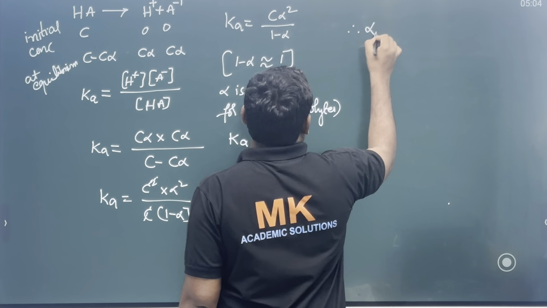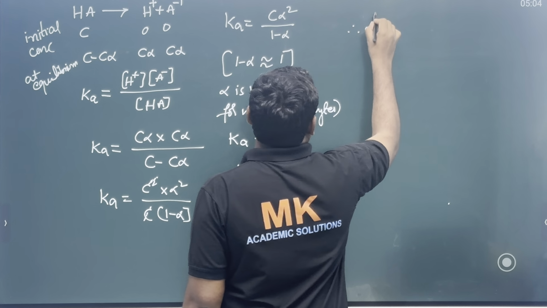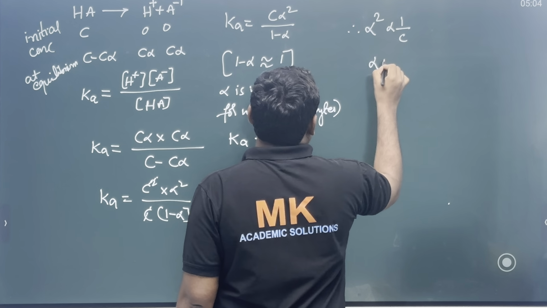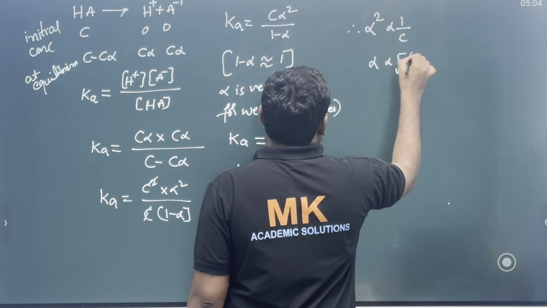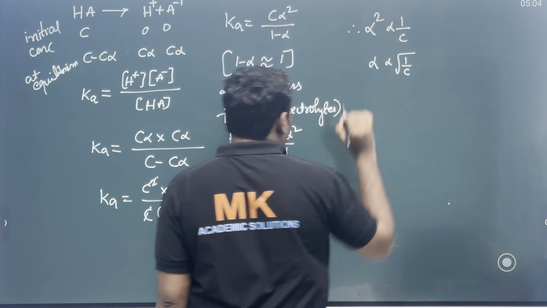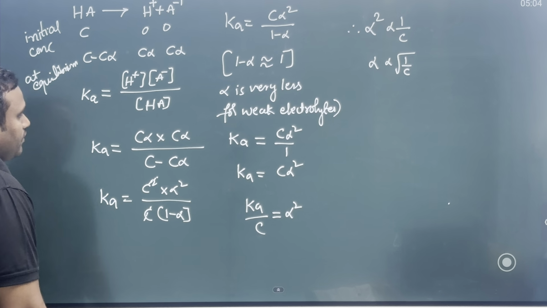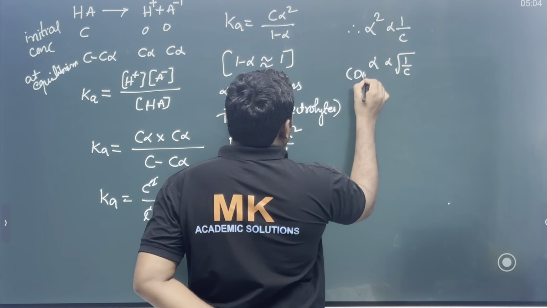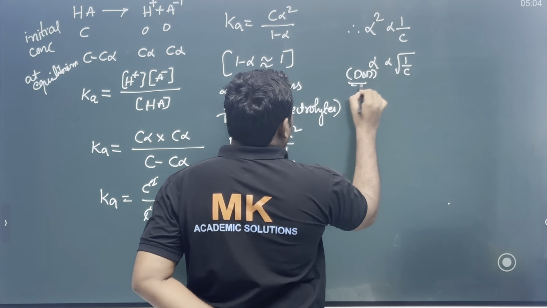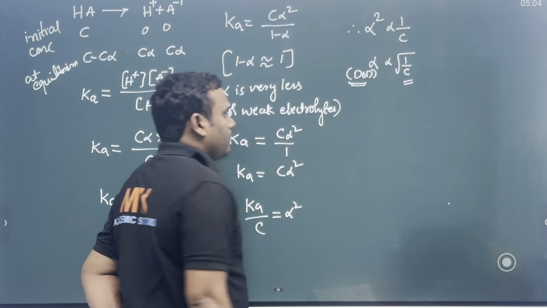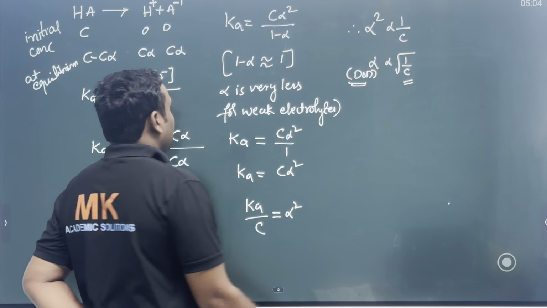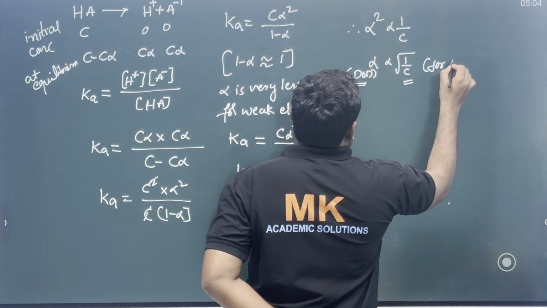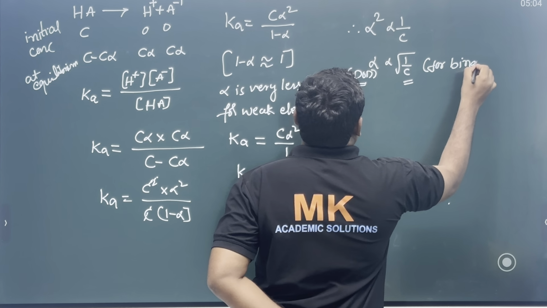Therefore, alpha square is proportional to 1 by C, or alpha is proportional to the square root of 1 by C. In this way we can prove that the degree of dissociation alpha is inversely proportional to the square root of C. Here, we simply take it for a binary electrolyte.